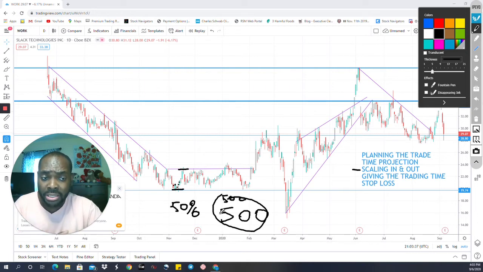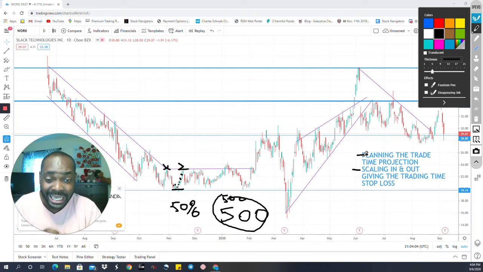That is scaling in. Now day 4 or 5 comes around, and you start to scale back out of the position by putting some profit in the bank, so that if this thing just drops, you already start to minimize your risk, because it's approaching the target that you have predetermined by actually planning the trade.